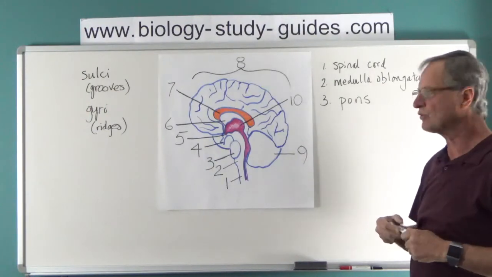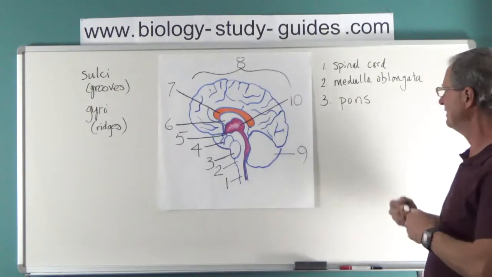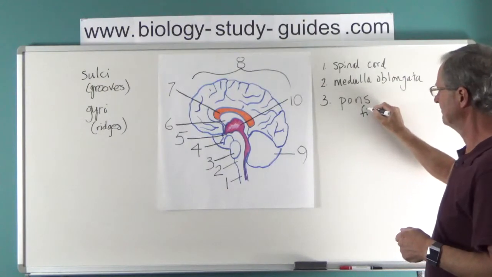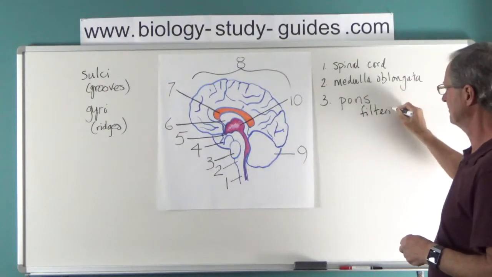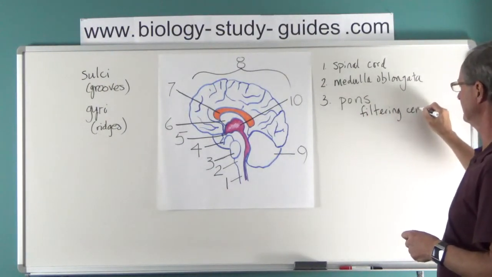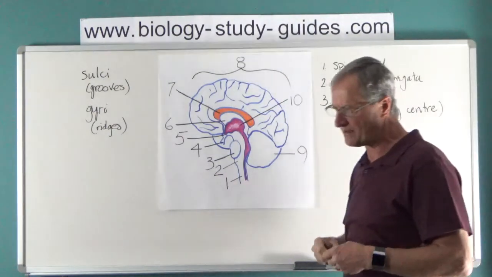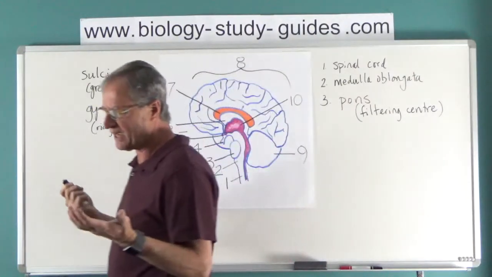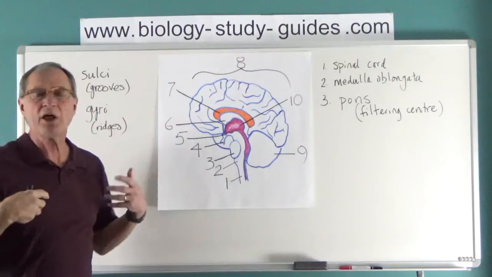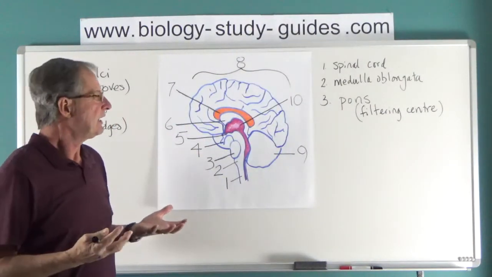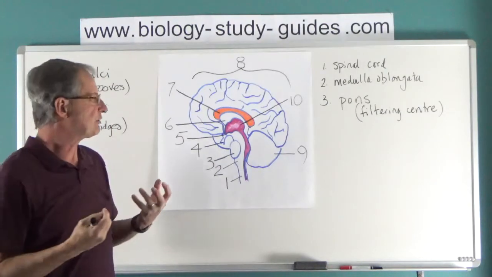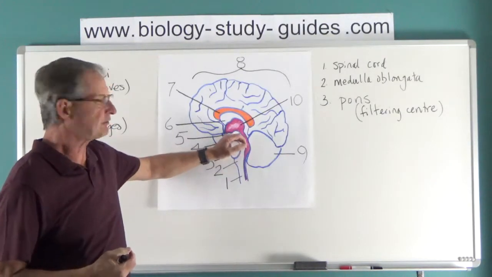The pons is sort of like a filtering center. So, for example, at any given time, you're subjected to lots of impulses, lots of information coming through to your brain, and the pons here sort of filters it out.